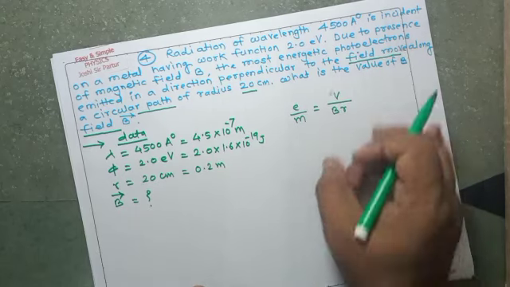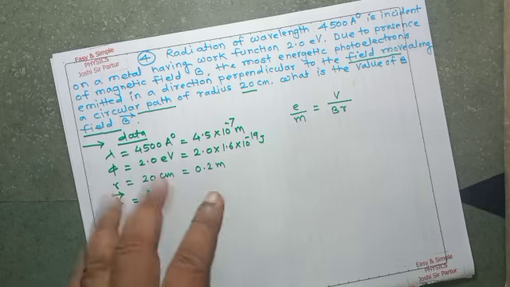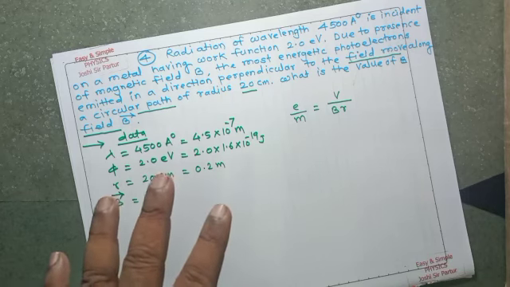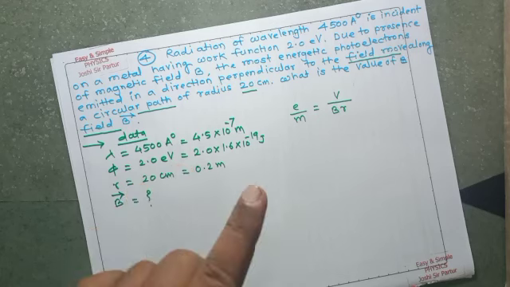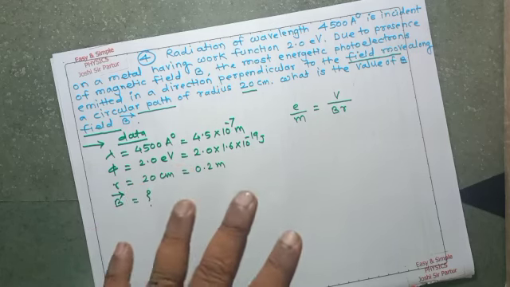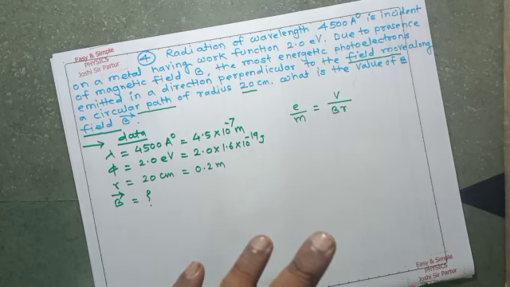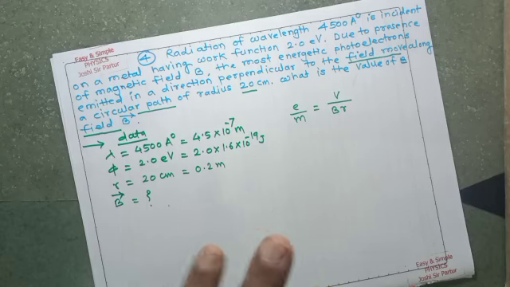That is the formula to determine the ratio of charge to mass. There is an experiment for determination of charge upon mass. So that will be V upon Br, whereas V is velocity of electron, B is magnetic field induction, and r is radius.